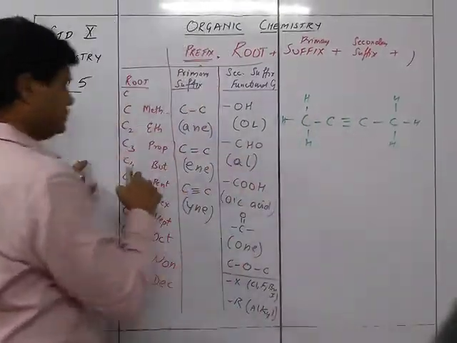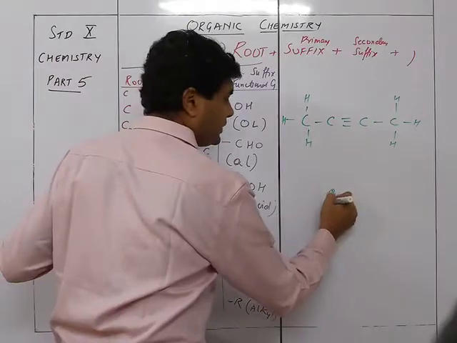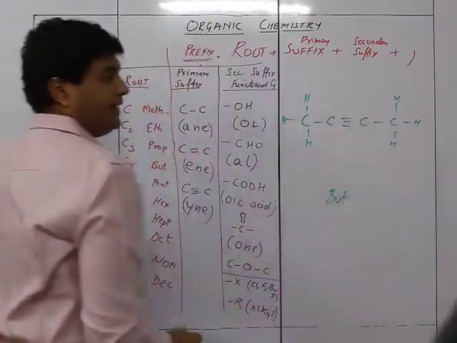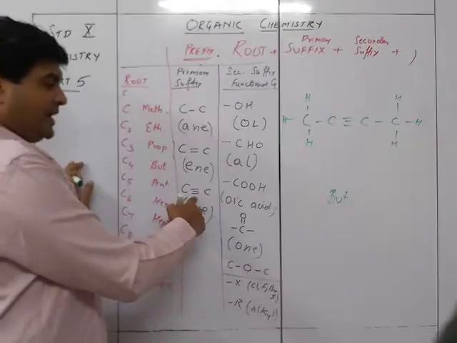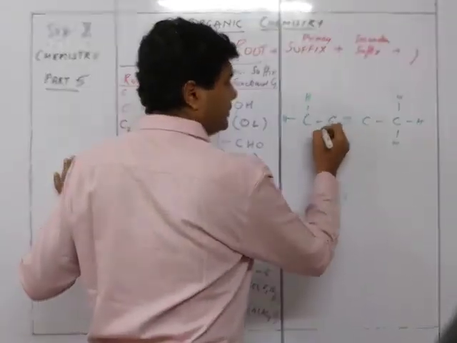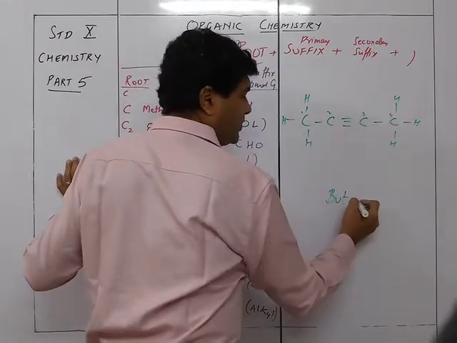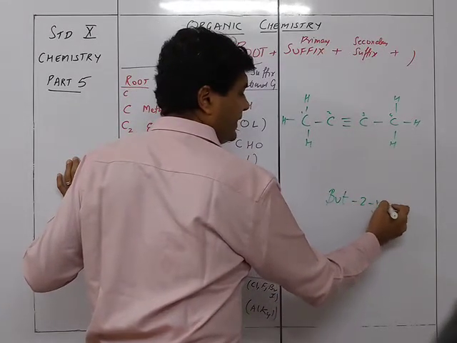So 4 is but, so first thing, the root is but. It has a triple bond, so it will be yne. The triple bond will be at 1, 2, so it is at 2. That's why it will be 2 and then yne.